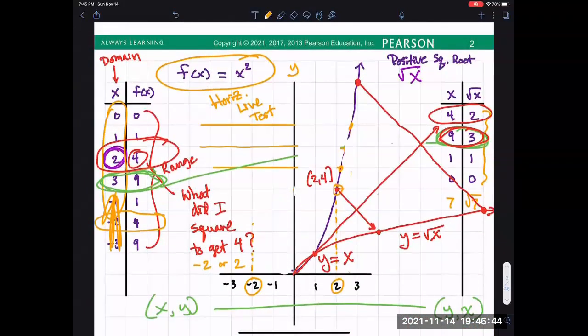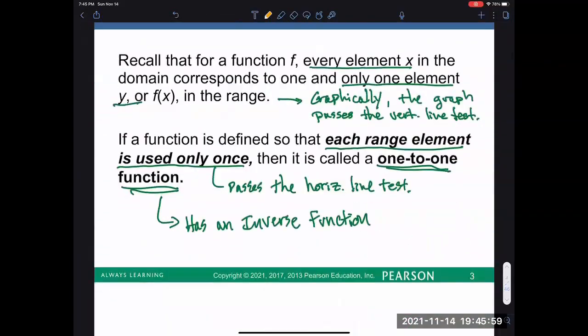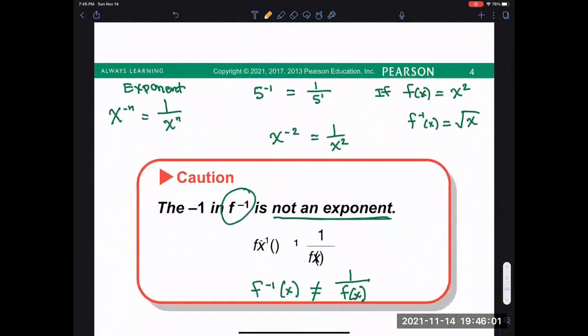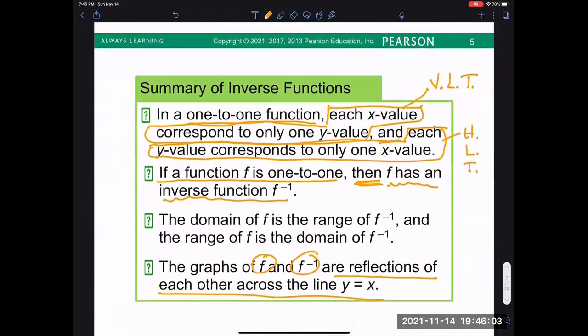You can see that this reflection happens point by point, like the point (2, 4) switches over to the point (4, 2), and that's a reflection across this line. (3, 9) switched over to (9, 3). And then if you do that for every point, that translates, getting dizzy, to the idea that the graphs of the two are reflections of each other across the line y equals x. The line y equals x is the 45-degree diagonal right between the x and the y axis.